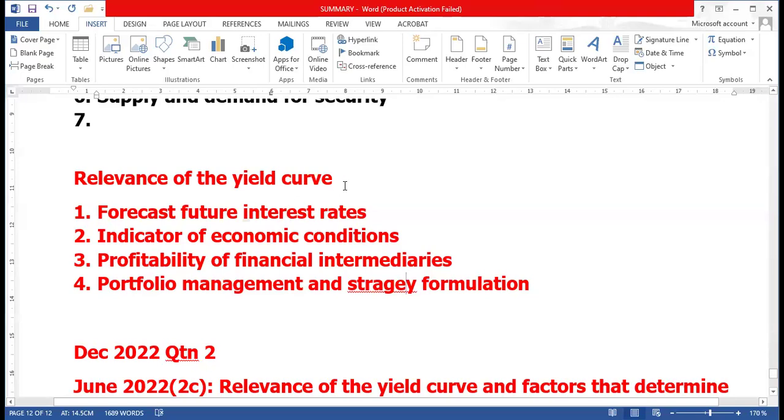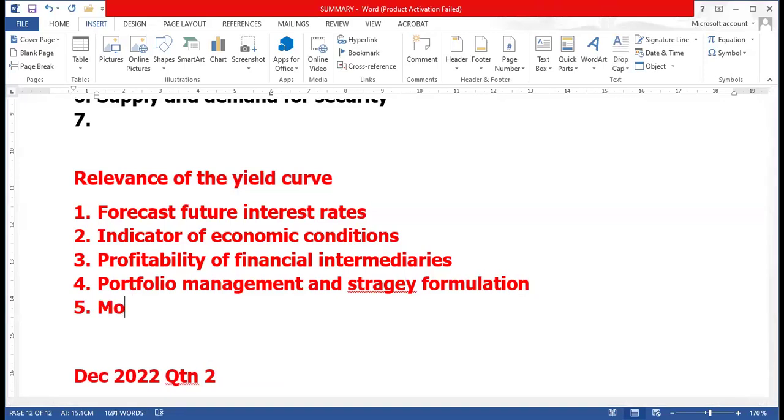So the yield curve influences monetary policy. Very, very key. And economic management, the determination of the cost of borrowing, could be there.